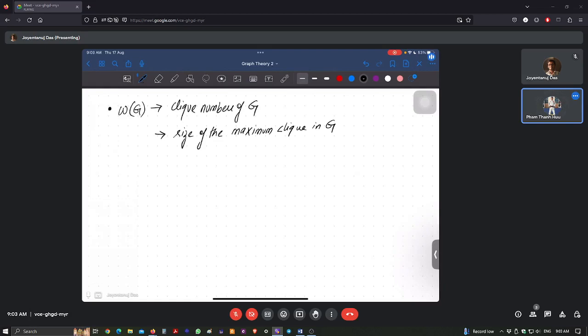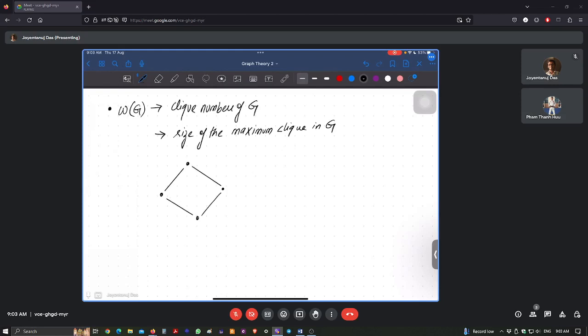So for example, suppose you have some sort of graph like this, right? Then what will be the clique number?